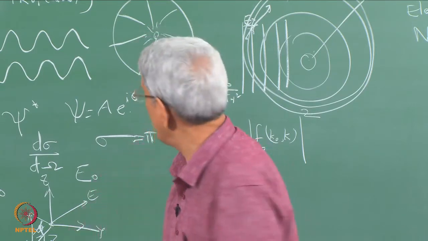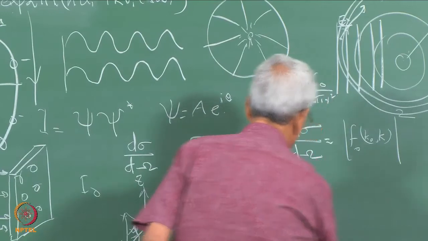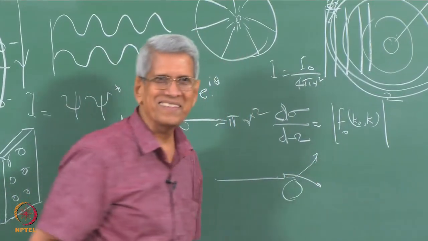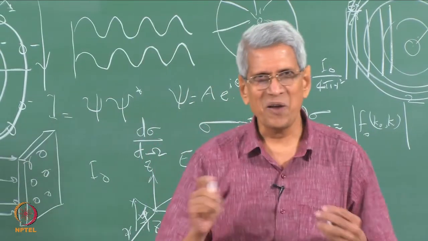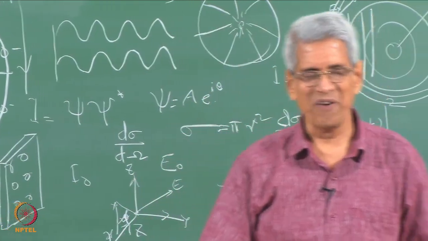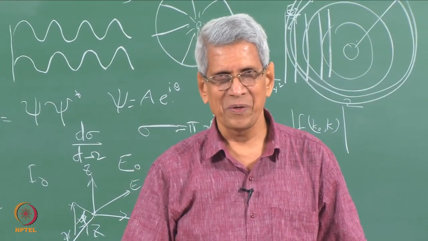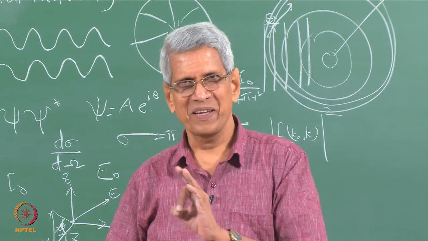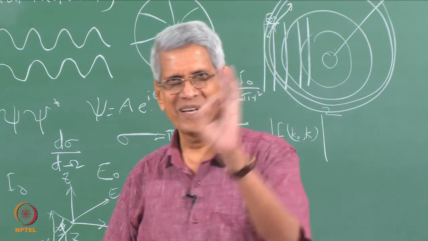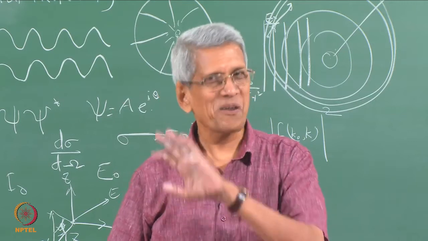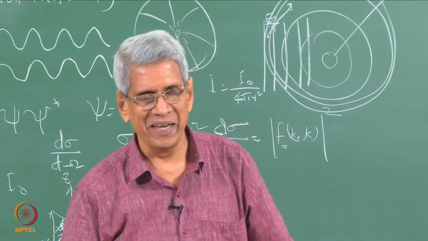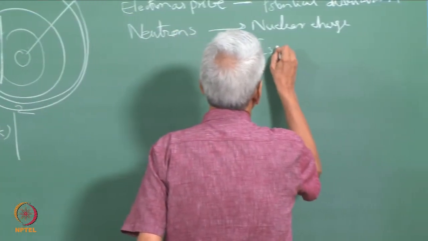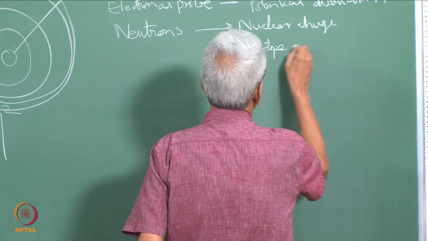That means that in one case it is scattered this way, another it may be scattered in the opposite direction. So positive and negative atomic scattering factors are possible with neutrons. Even isotopes, if they are present, we can find out how they are distributed in that sample. That information neutrons can give, no other technique can give. Similarly, that is isotope distribution.